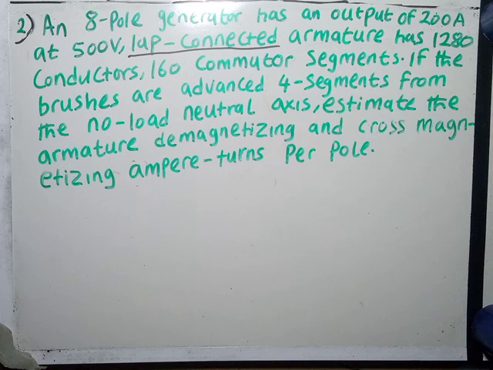160 commutator segments. If the brushes are advanced 4 segments from the no-load neutral axis, estimate the armature demagnetizing and cross-magnetizing ampere turns per pole.